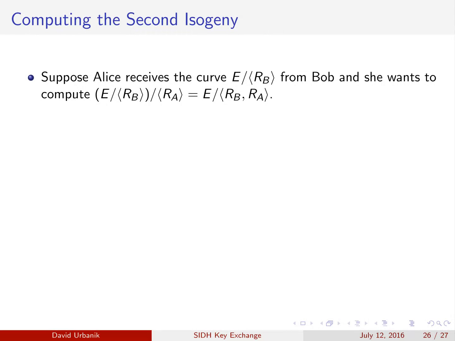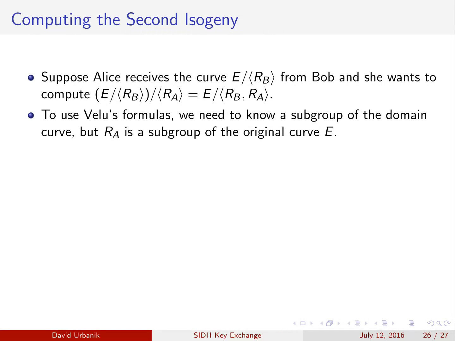Okay, so why is there the asterisk there? The asterisk is there because of the following problem. Suppose that Alice receives this curve, E quotient R_B, from Bob, and she wants to compute E quotient R_B quotient R_A, the group generated by R_A. Well, the problem is that the group generated by R_A is really a subgroup of the elliptic curve group of the original curve. It's not a subgroup of the elliptic curve group of the quotient curve.